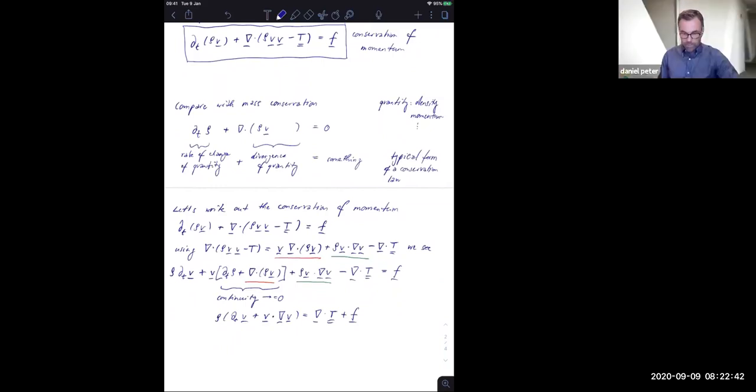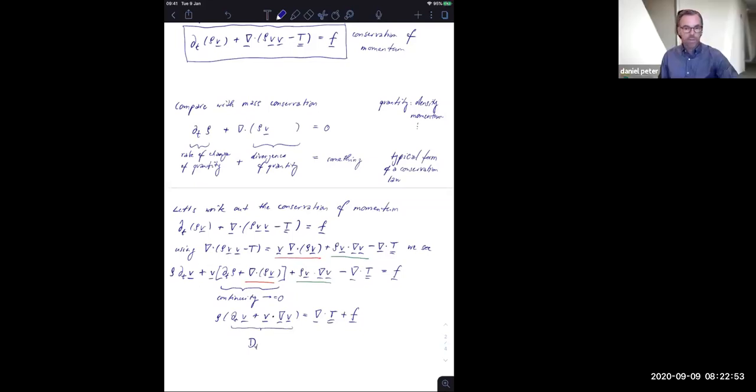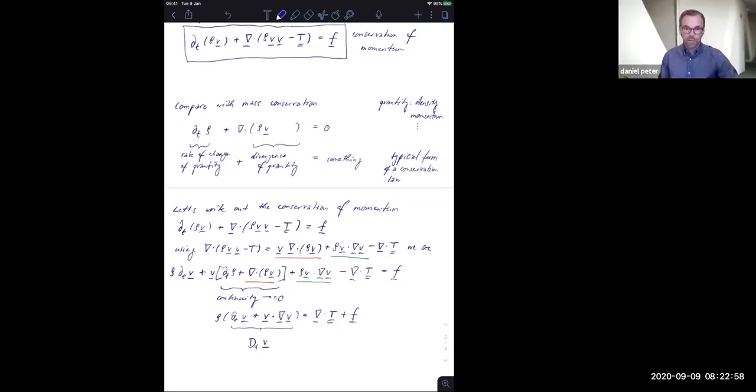Okay. And now if you look at the material derivative, this is the material derivative Dt of the velocity v.